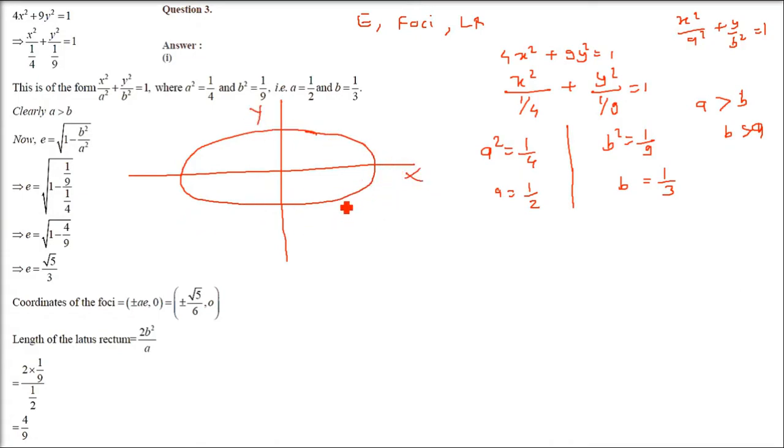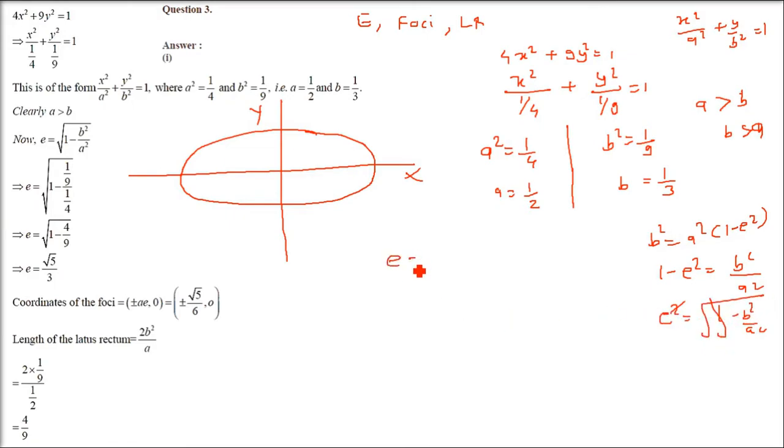So here the major axis is on the x-axis. What is the eccentricity? Whenever a is greater than b, we use b square equals a square (1 minus e square). That is, e square will be equal to 1 minus b square by a square, and e will be equal to under root of 1 minus b square by a square.